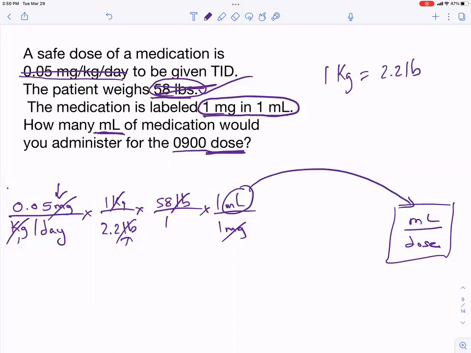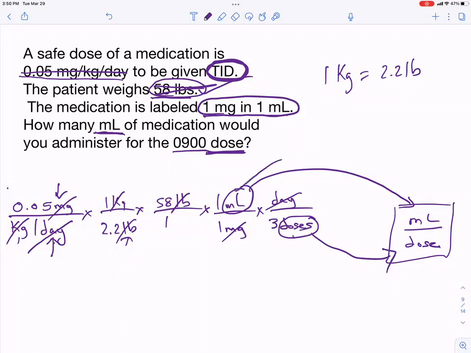But now what's left? The word day. So I know I got to put the word day up here, but what am I putting underneath it? Well, every day they're getting 3 doses. A TID is 3 doses. Gets rid of my day, and I have my doses. I look at my problem over, everything is eliminated except for milliliters and dose. So now it's just math.